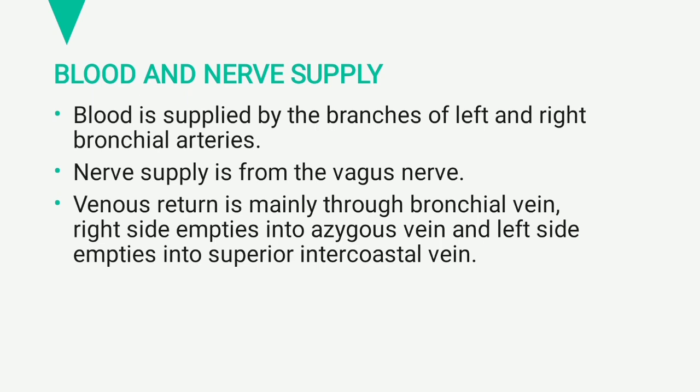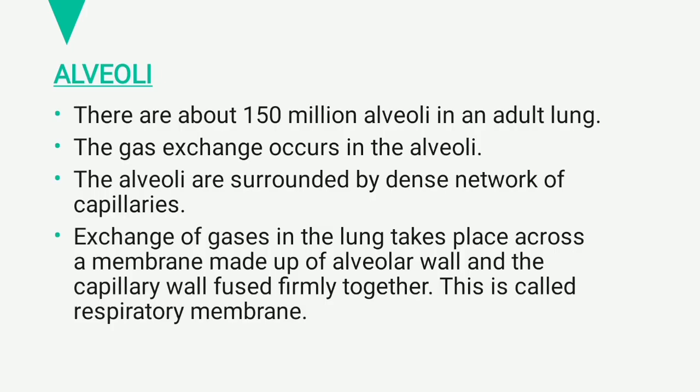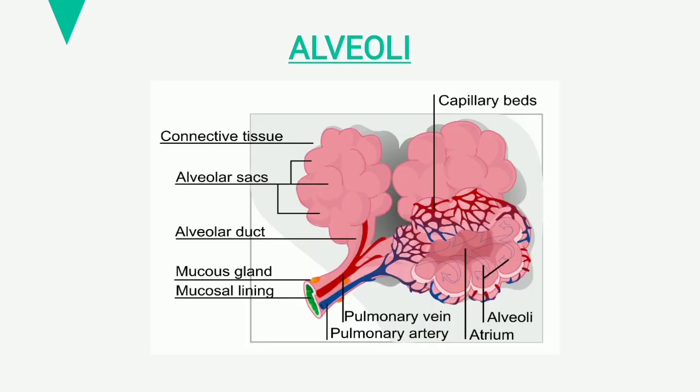Next is alveoli. It is also known as the basic unit of lung. There are about 150 million alveoli in an adult lung. The gas exchange occurs in the alveoli, and the alveoli are surrounded by the dense network of capillaries. You can see in this structure that they are surrounded by pulmonary vein, arteries, and dense network of capillaries.